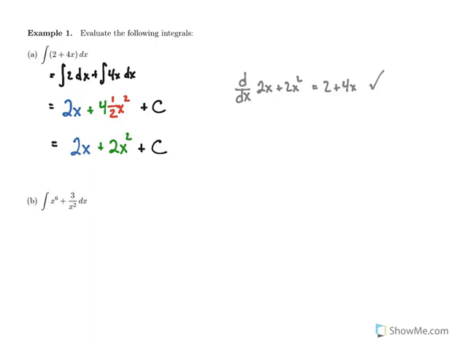All right, next one, x to the 6 plus 3x squared is going to be the integral of x to the 6th plus the integral of, we'll write this as 3x to the negative 2, so we can use the reverse power rule. The reverse power rule here says we're going to increase the power by 1 and divide by the new power.